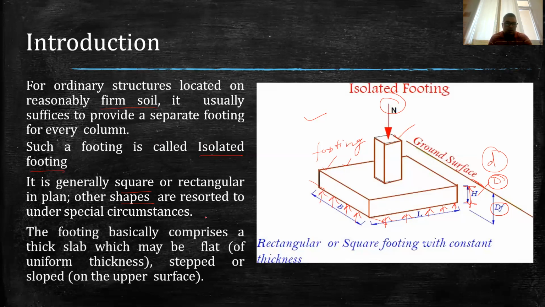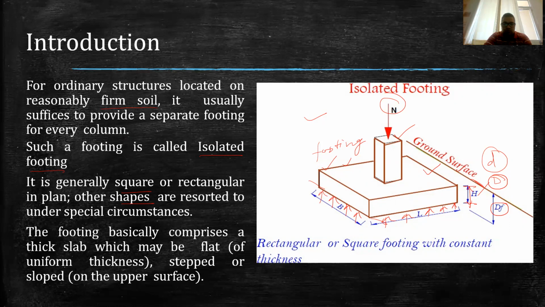And this isolated footing can be a stepped footing, a sloped footing, or a uniform thickness footing. So in the figure you see, this is the footing with the uniform thickness.